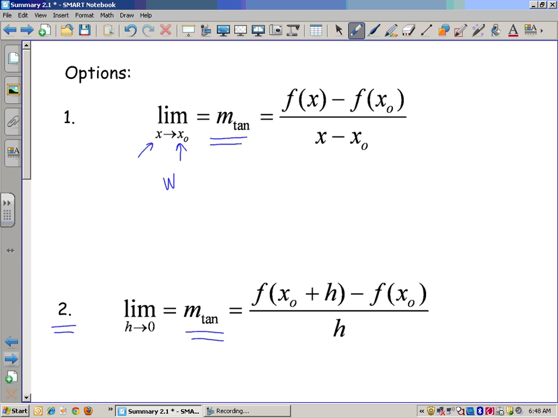X naught is where I am looking. If I'm looking at x equals 1, which we just did, I plug in 1. If I'm looking at 2, I plug in 2. We just did this example with 1, but you could just as easily look at 2. Any value: x naught is the place I am looking.